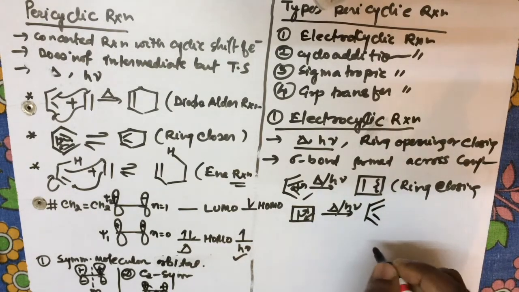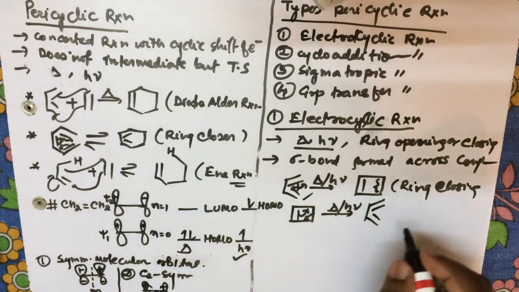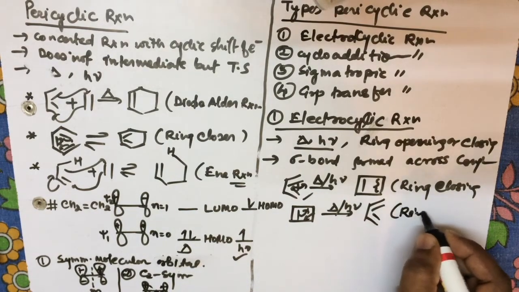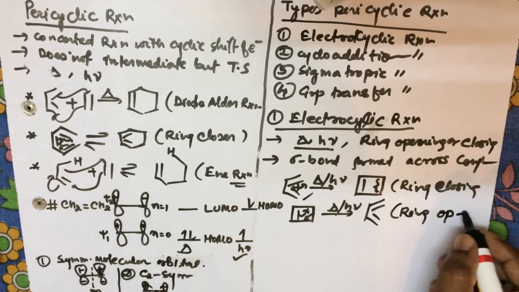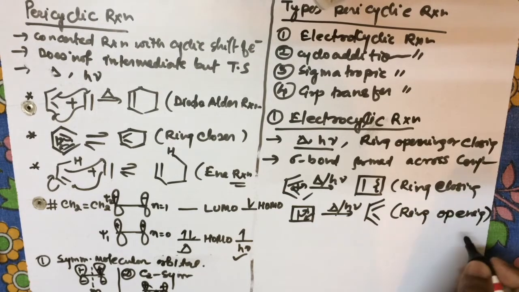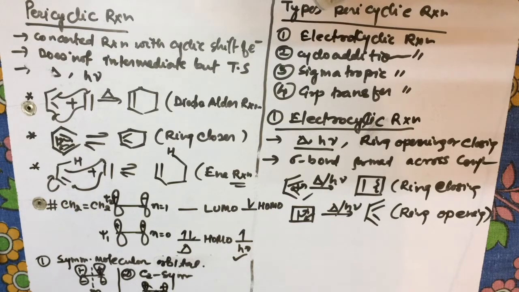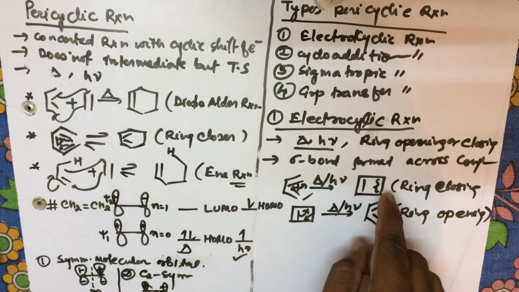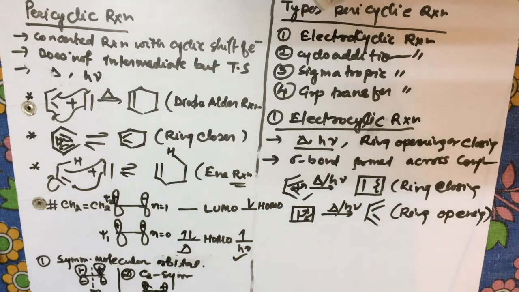So this is breaking, okay, ring opening system. So this is the basic introduction about electrocyclic reaction. So here basically ring opening or ring closing happens, with gain of sigma bond and loss of pi bonds.